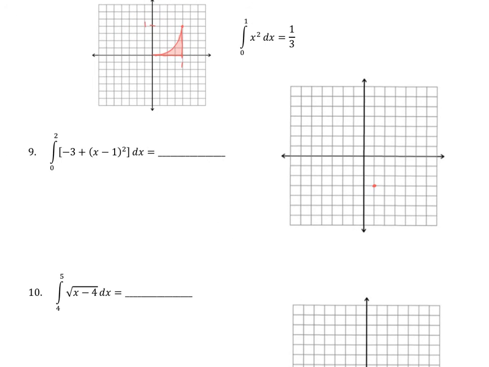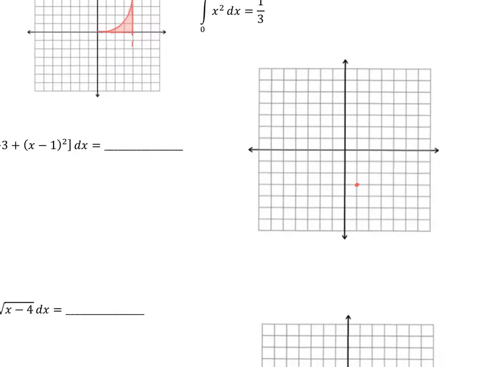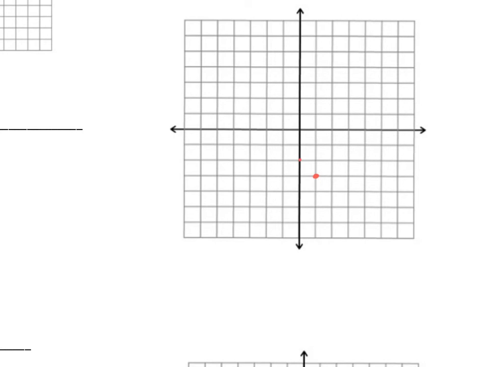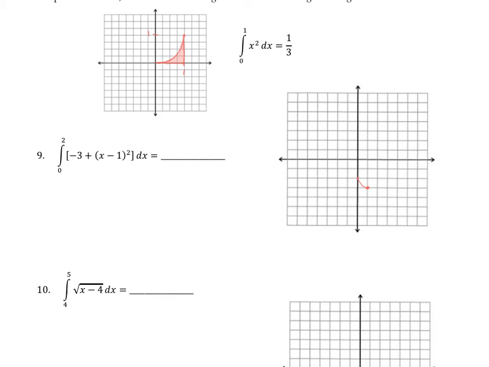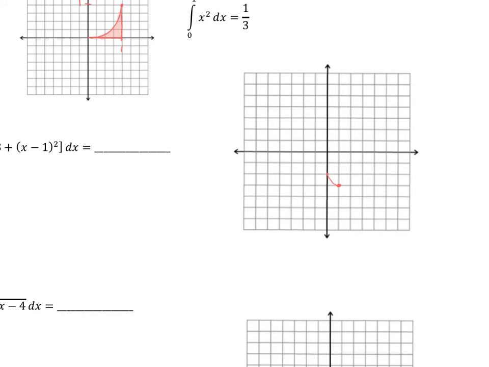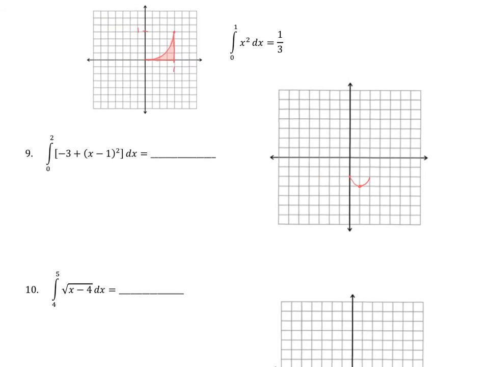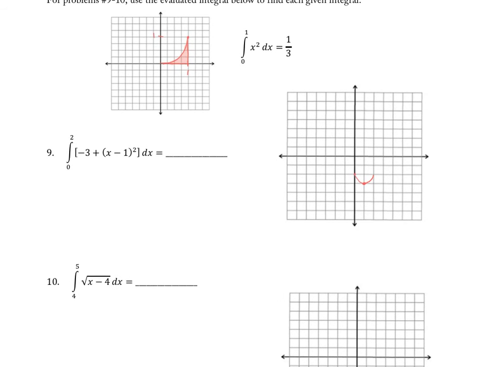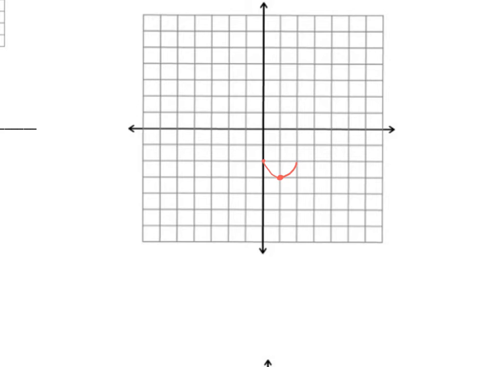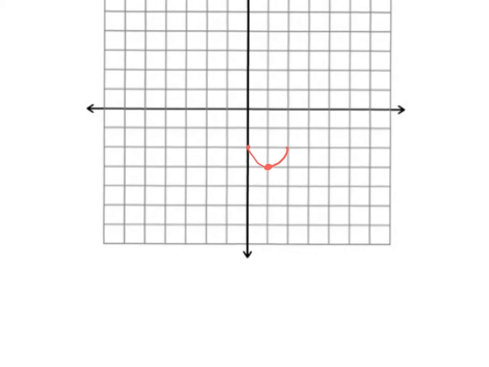Okay, so let's say you plug in 2, you get negative 2. And then plug in 0, you get negative 2. Plug in 2, you get negative 2. Okay, so this is the area that we're looking for.